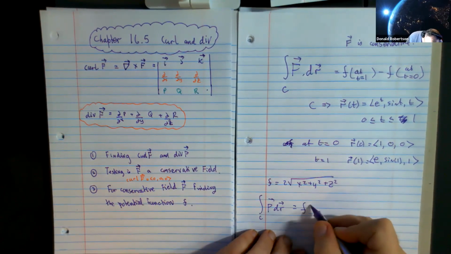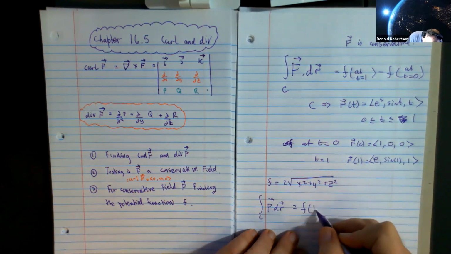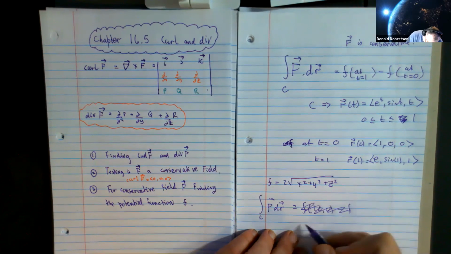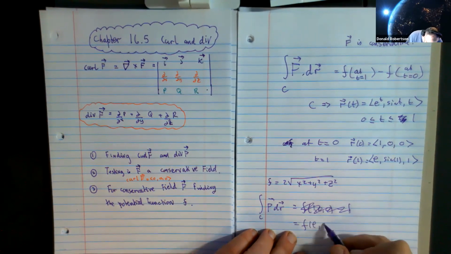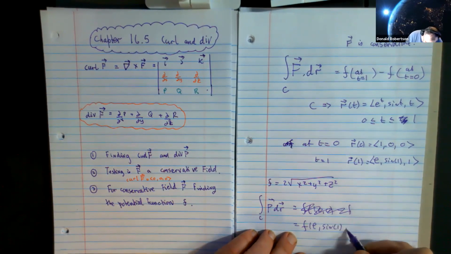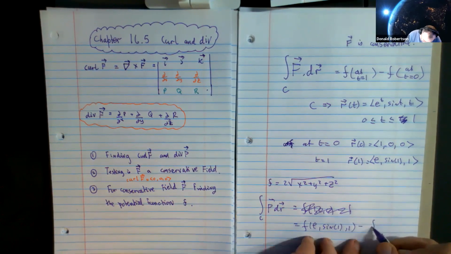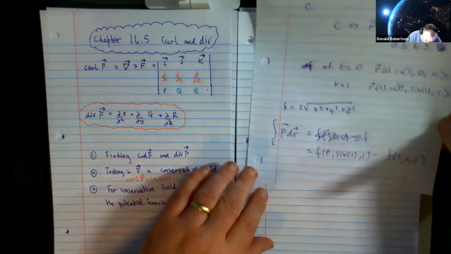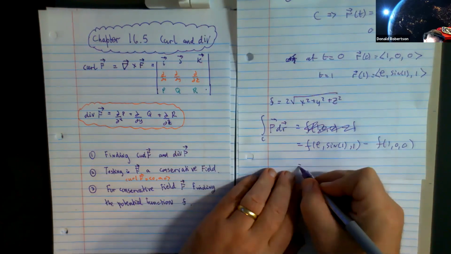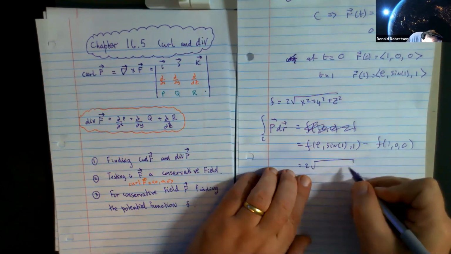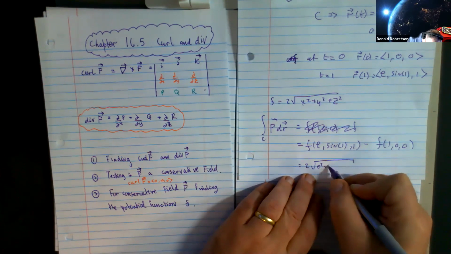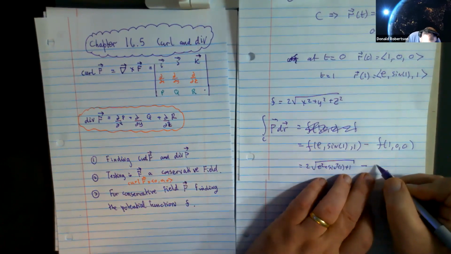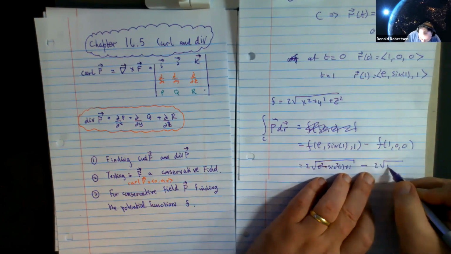It would be the value of the function at e, sine 1, 1, take away the value of the function at 1, 0, 0. And since that's the function, it's 2 lots of the square root of e squared sine squared of 1 plus 1, take away 2 lots of 1.